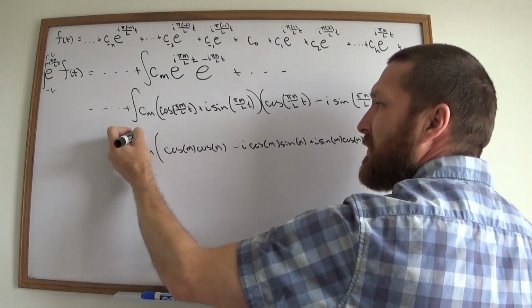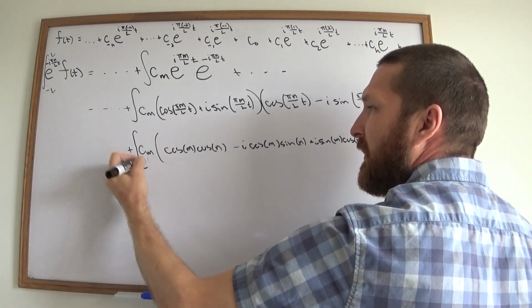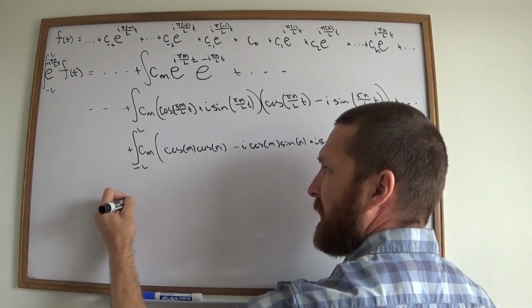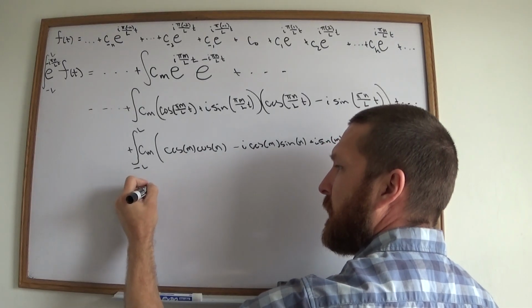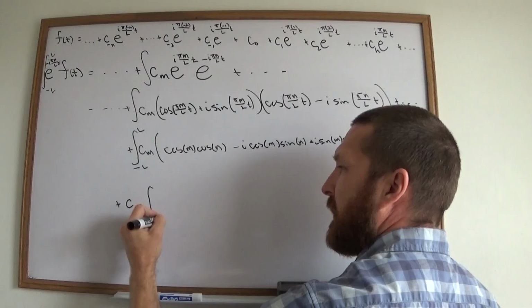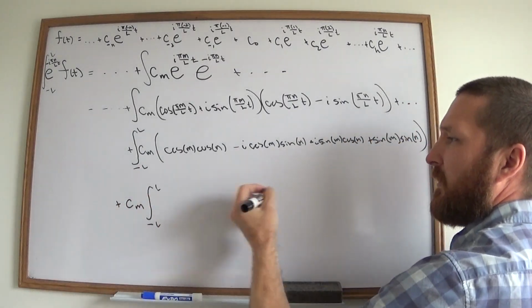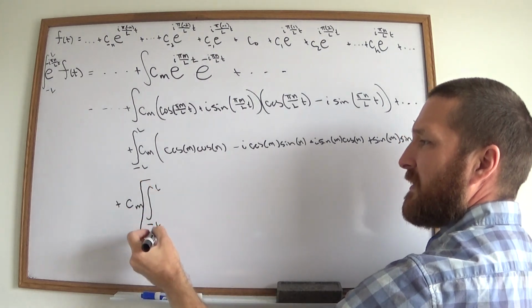And that's the same as doing this, which is the same as doing this right here from negative L to L. I could pull out the constant. I get Cm integral from negative L to L. And now, instead of writing all that, I'm just going to integrate each one of these individually.